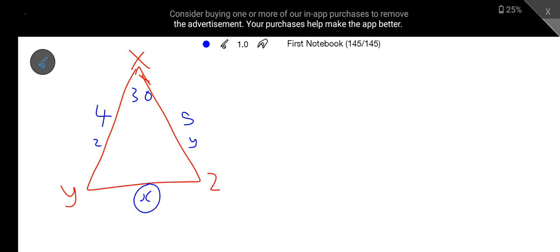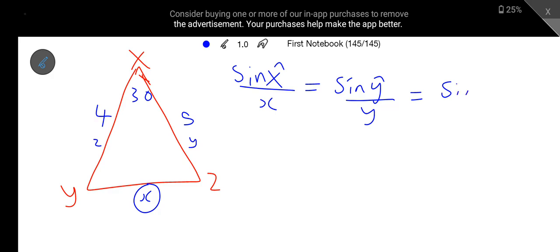Well, we can use the sine rule. Actually, let's do it in both cases. The sine rule, no, the sine rule won't work. In order to use the sine rule, we know that it goes as sine X over x is equal to sine Y over y is equal to sine Z over z.